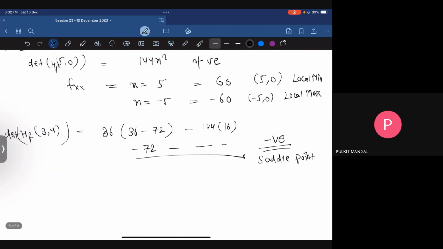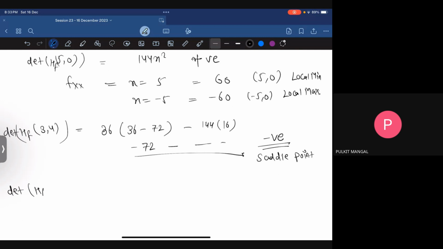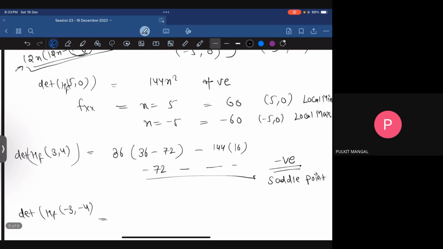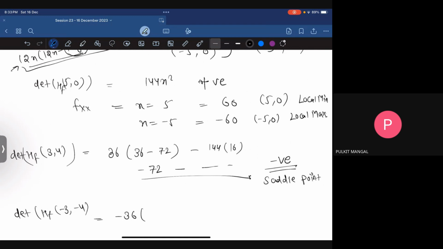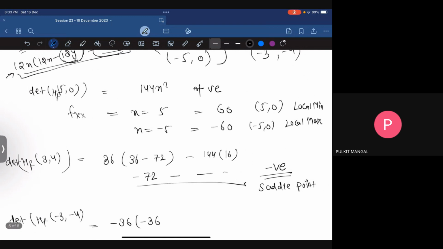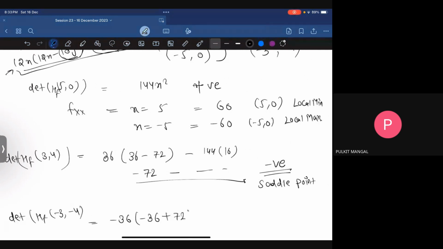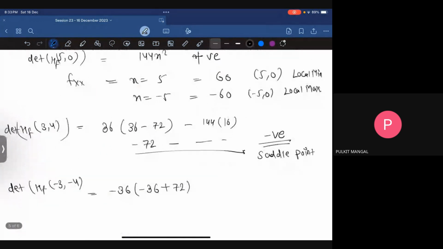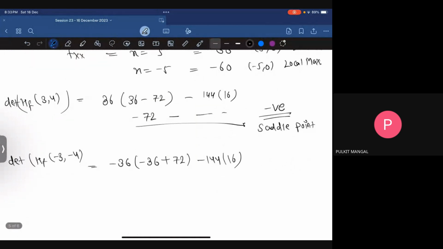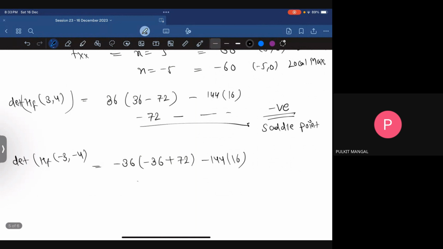Now at the point negative 3 comma negative 4, it would be negative 36, negative 36, positive 72, minus 144 times 16.